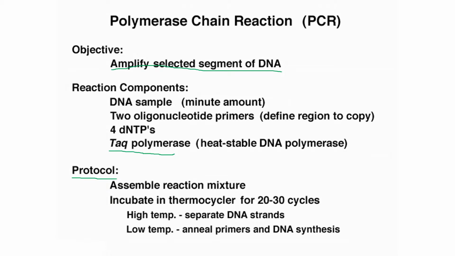We incubate that in the thermocycler for 20 to 30 cycles. So that means we're going to heat it, cool it 20 to 30 times. At the high temperature, the DNA strands separate. And as the temperature lowers, the primers anneal and DNA synthesis can occur.